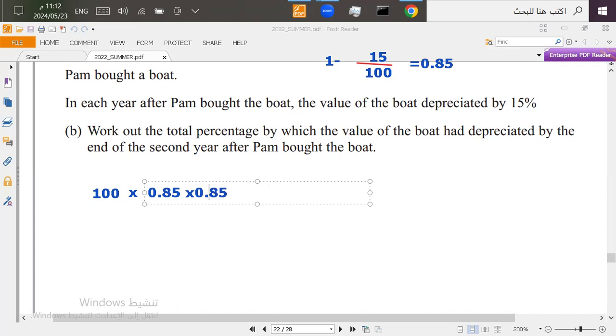And the answer, after multiplying over two consecutive years, is going to be 72.25. So if we imagine that the price was 100, and we decrease it by 15% in two consecutive years, the price will become 72.25.